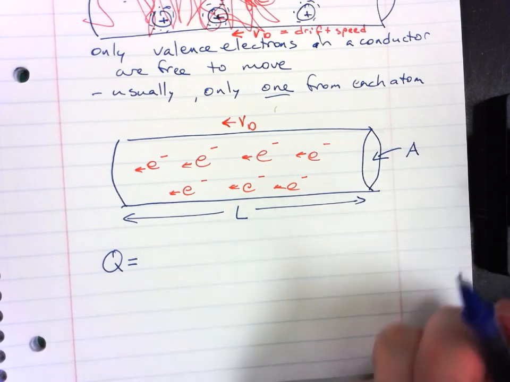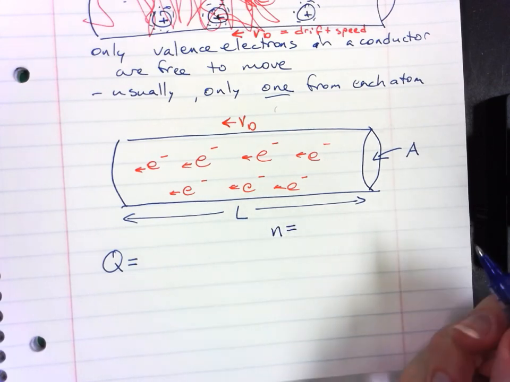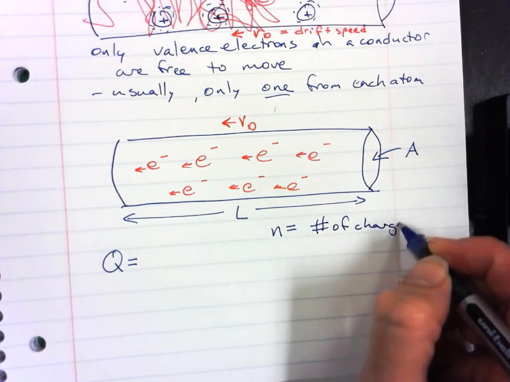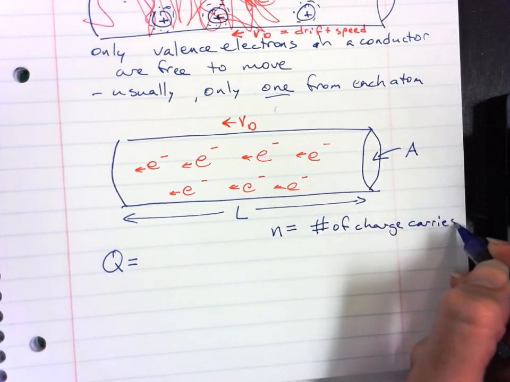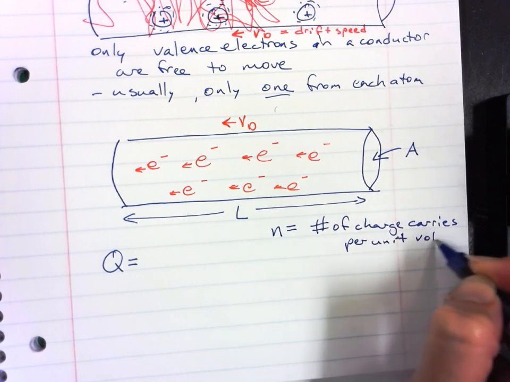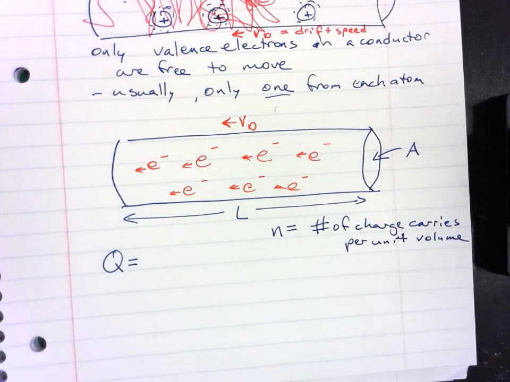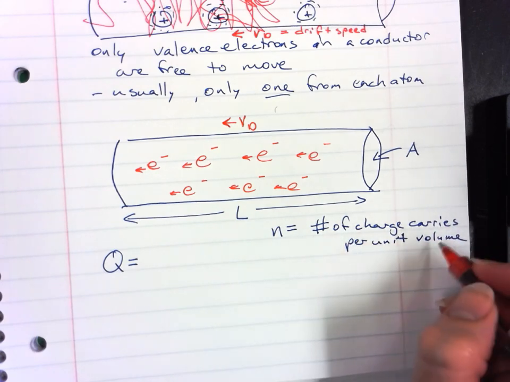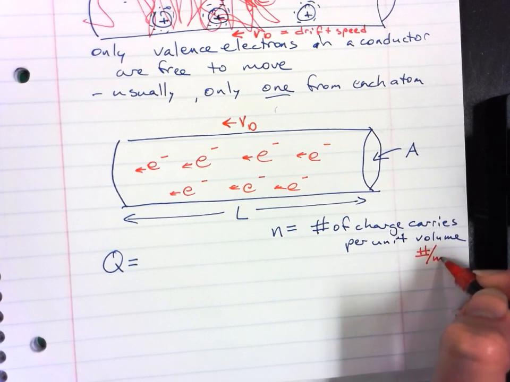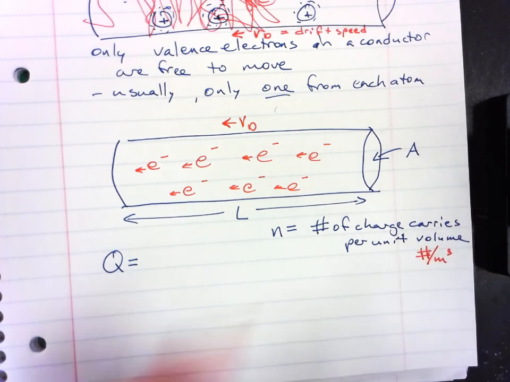And so there's a new thing we're going to define. N is the number of charge carriers per unit volume. So the unit of this number is in our numerator, per volume would be per meters cubed.